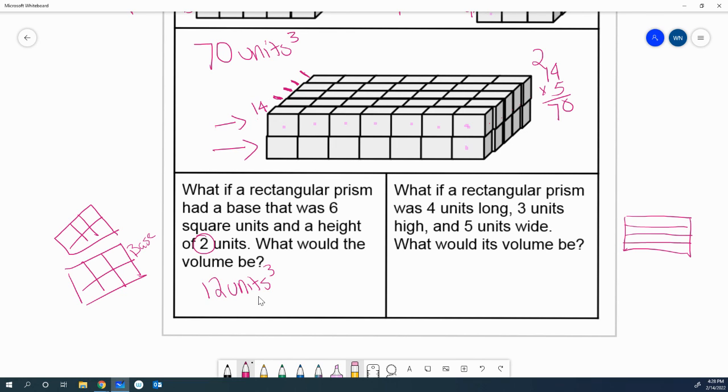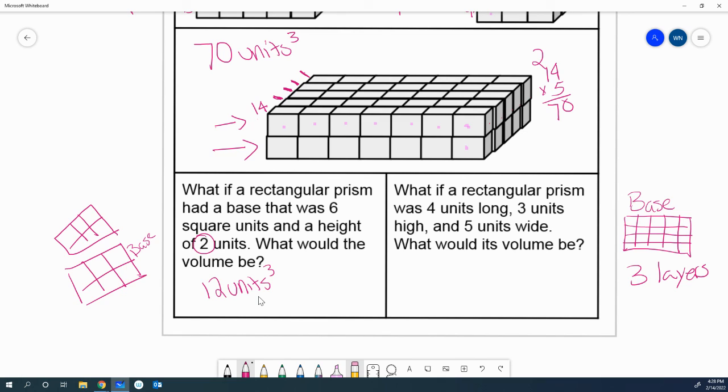I broke it into 4 units, and now we need 5 units. So there's my base, 4 units long and 5 units wide. But it's 3 units high. So this is my base, but I'm going to need 3 layers.